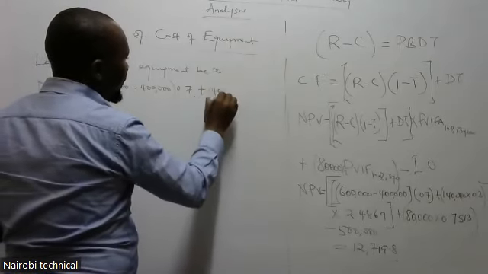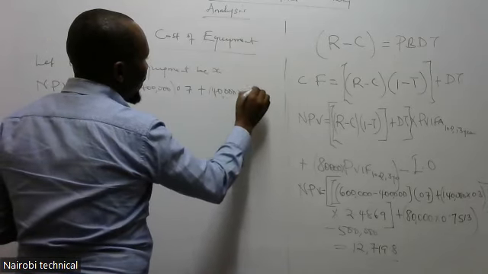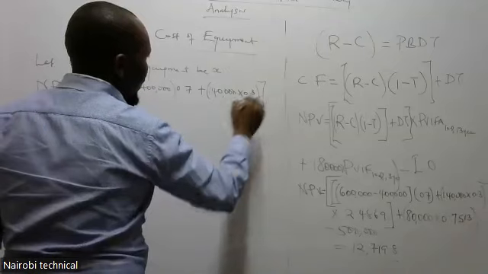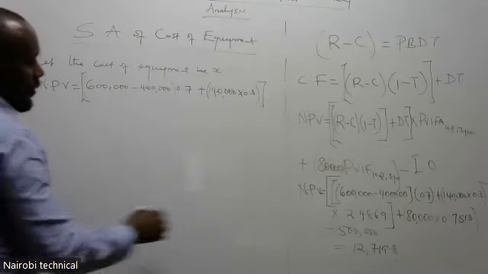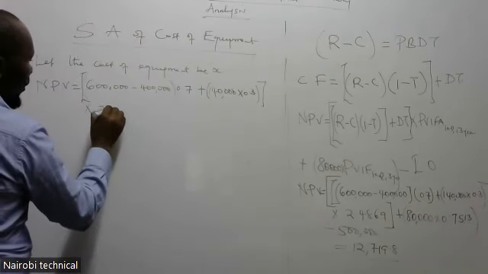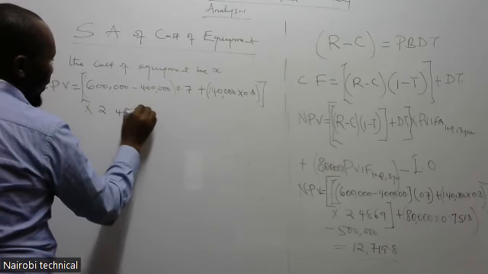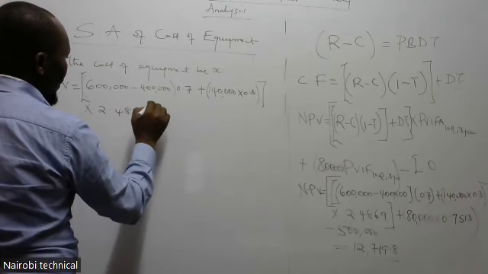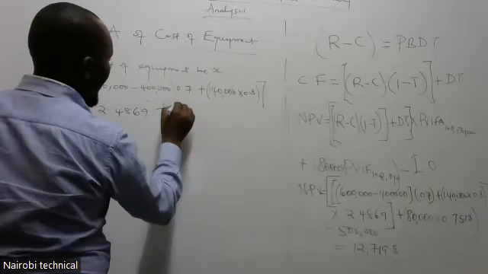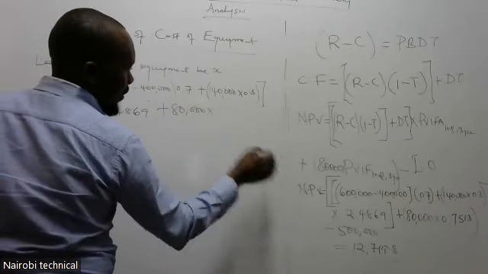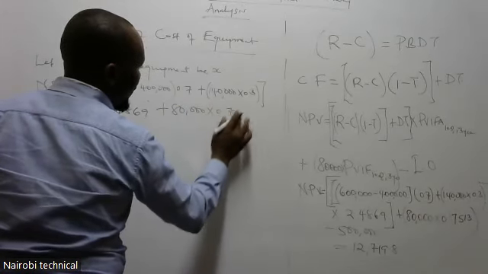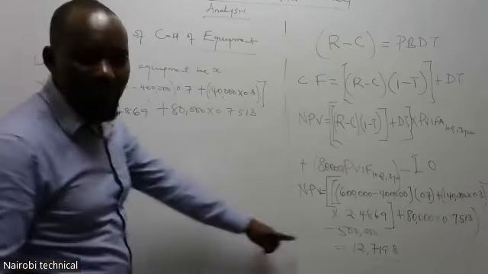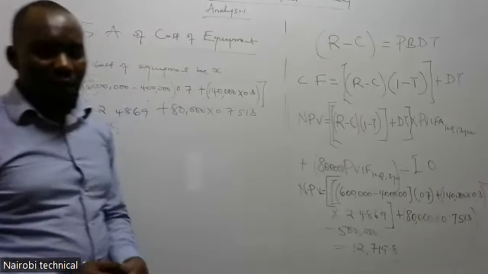That is 140 times 0.3, plus, now the whole thing, times 2.4869, plus 80 times 513, minus X. What we are replacing is this one. That is the only thing that we want to replace.